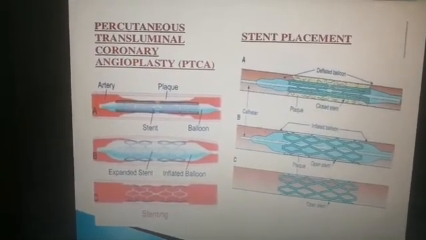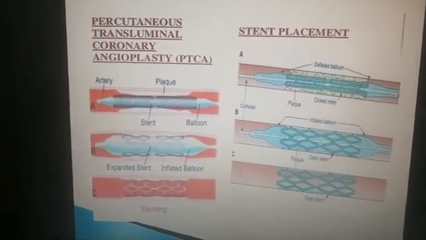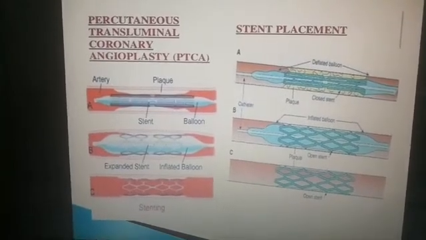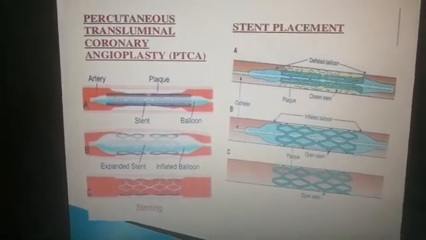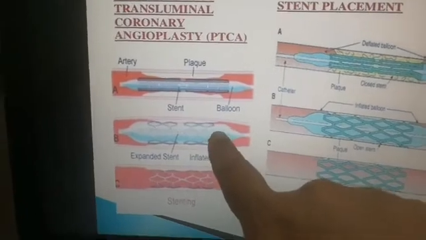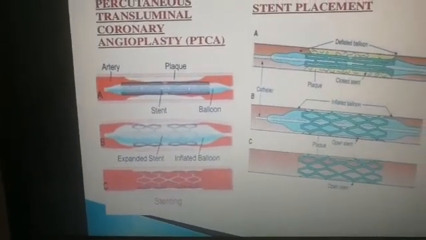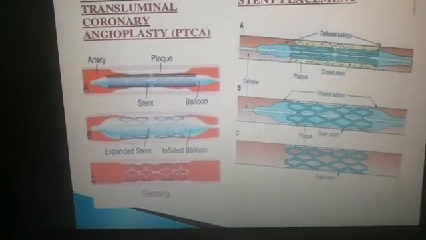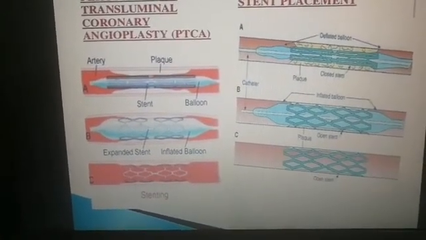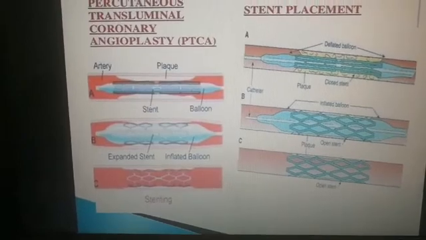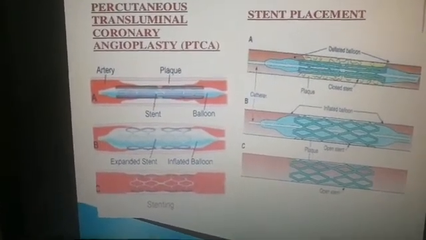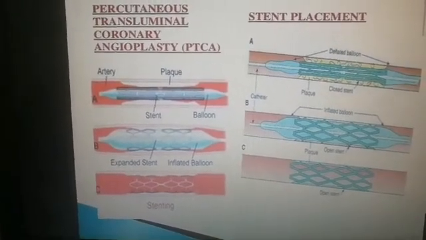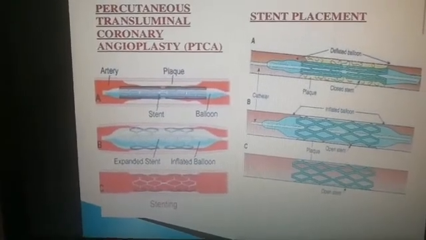There is the implantation of a balloon and stent. You can see here in the second picture the balloon is inflated, and when the balloon is inflated, there is expansion of the stent, and when the stent is expanded, the narrowing of the vessel due to spasm or plaque formation is relieved.